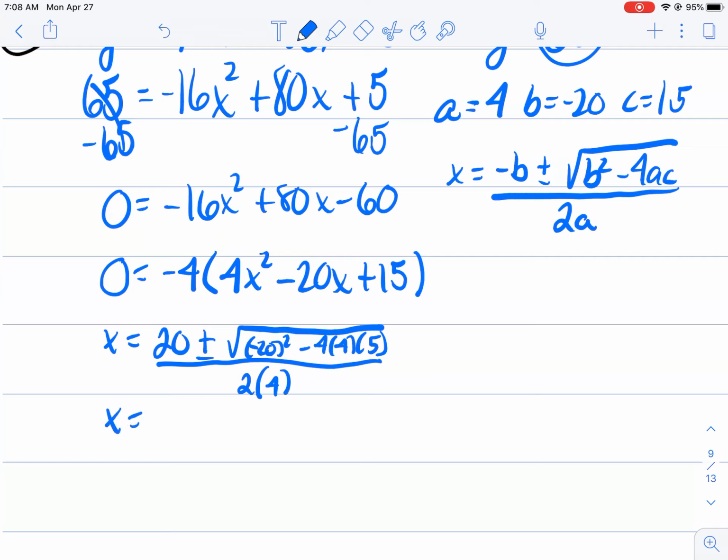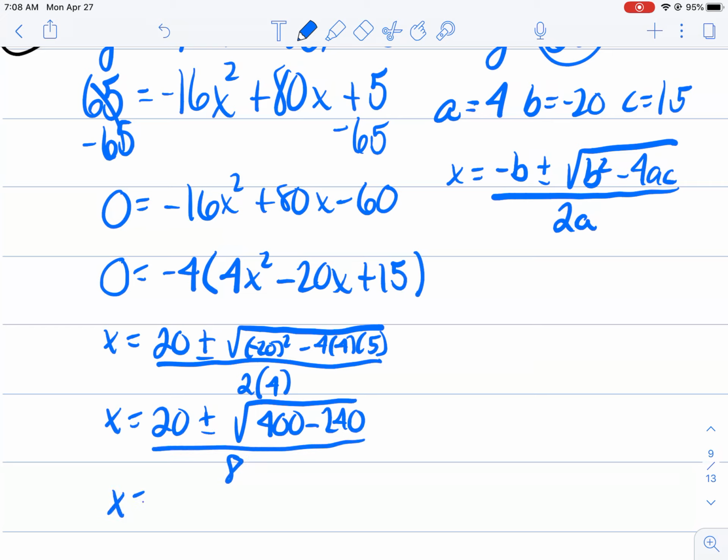Okay, so we have 20 plus or minus the square root of 400 minus 240 over 8. So that becomes x equals 20 plus or minus the square root of 160 over 8. Now I've already gone and worked this out, approximated these on the calculator.